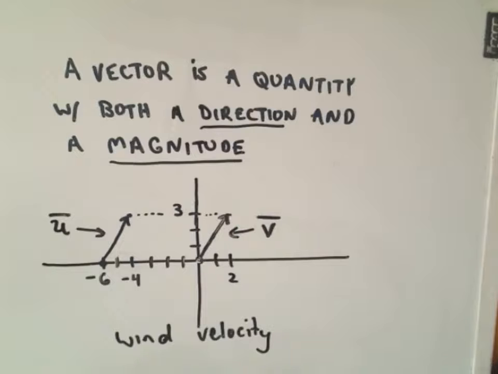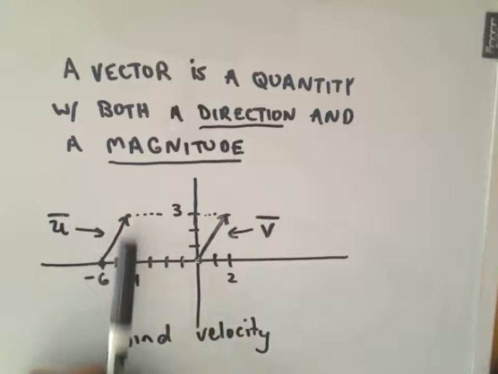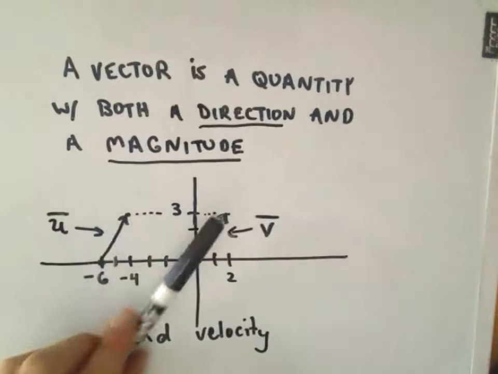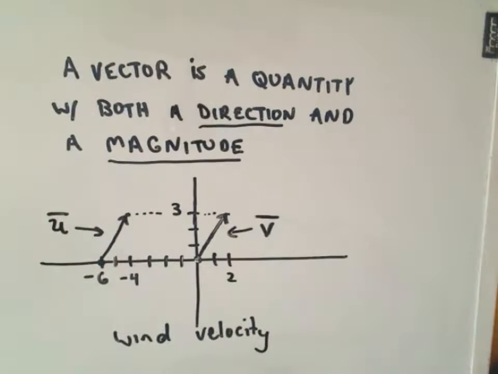Okay, notice vector u is in a different place on the map, but it has the same properties in the sense that it goes 2 units to the right and 3 units up. So in that sense, they're pointing in the exact same direction, and they have the exact same length.